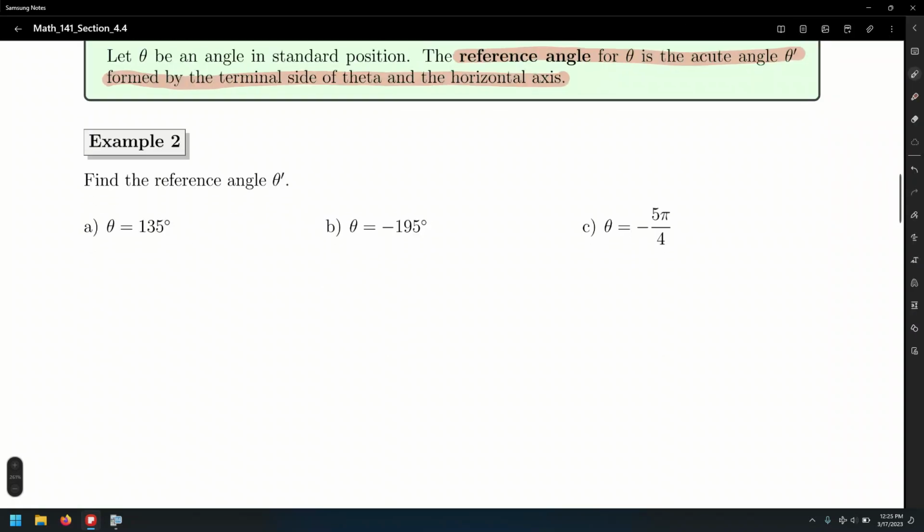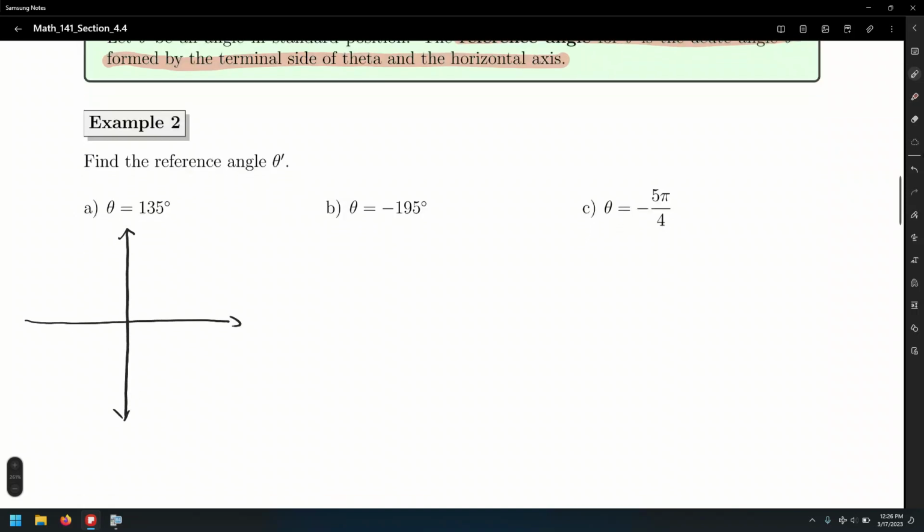Let's draw a Cartesian plane. And 135 degrees, I believe, is in the second quadrant, isn't it? Does that sound about right?